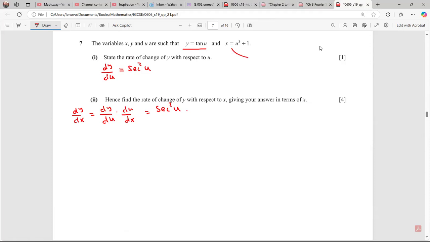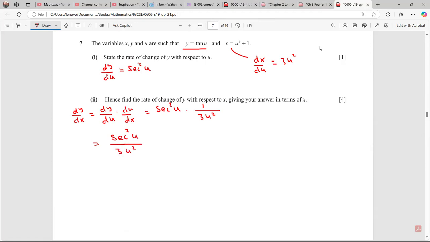From here, I can talk about dx by du, and that is going to be 3u square, right? So du by dx is going to be 1 over 3u square. So my answer is secant square u divided by 3u square.